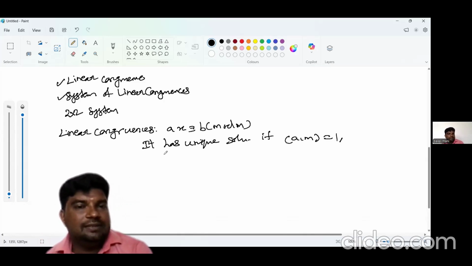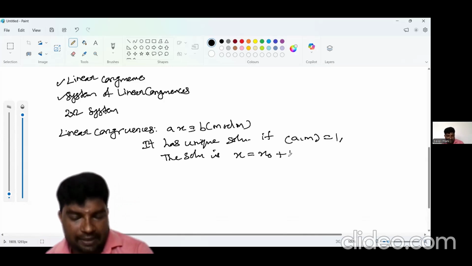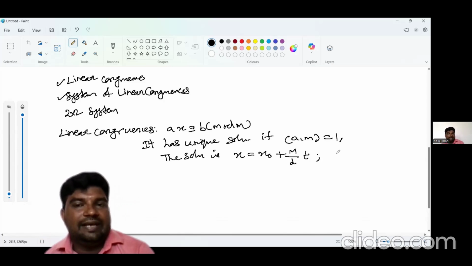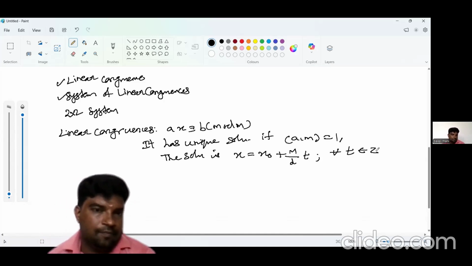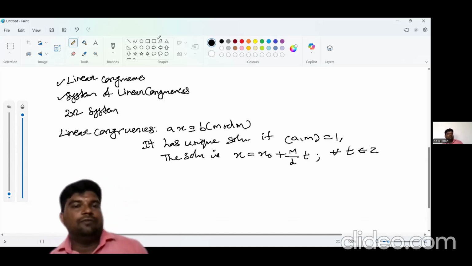So the solution is x equal to x naught plus m by d into t, where t is any integer. So this is for solving linear congruence. It has a unique solution if GCD of a comma m is 1.